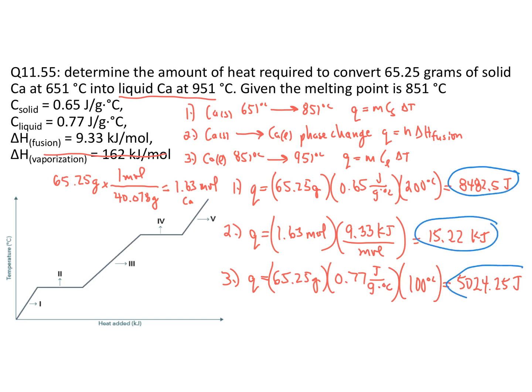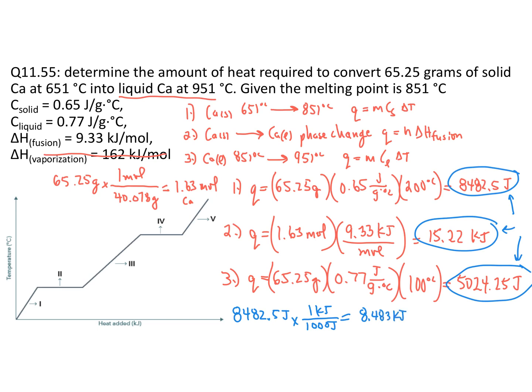The one thing you should notice is that I have 2 different units of energy. I have joules for step 1 and 3, and I have kilojoules for step 2. Taking a look at the question, we want to determine the amount of heat required in kilojoules. So step 1 was 8,482.5 joules, and there are 1,000 joules in 1 kilojoule, so that brings me to 8.483 kilojoules.